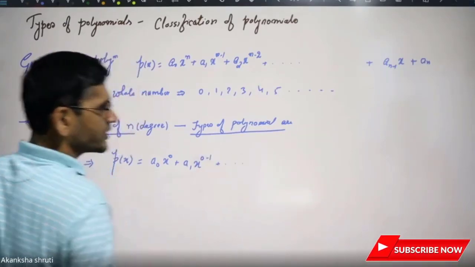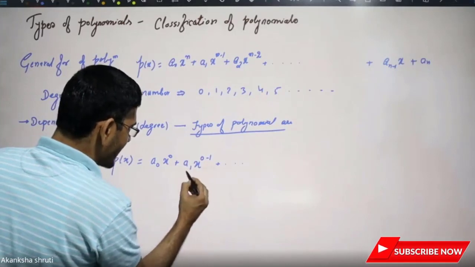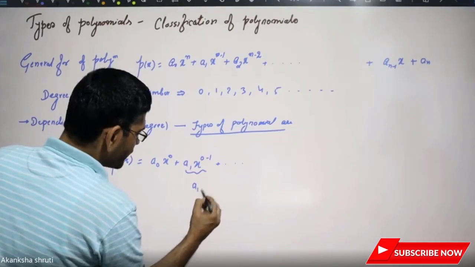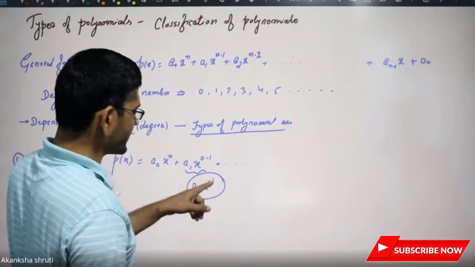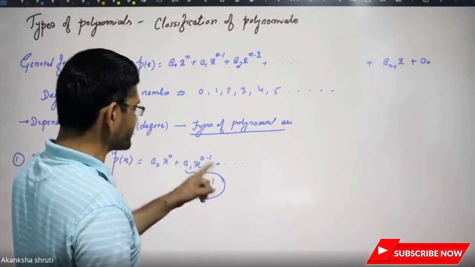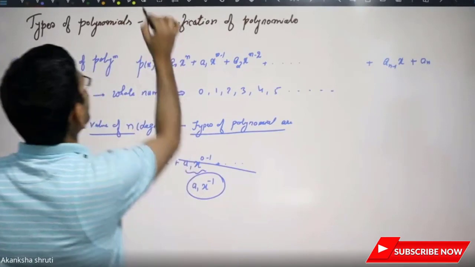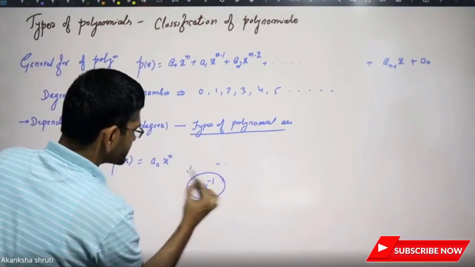Student, this is not possible. These terms are not possible. Otherwise, it is going to give us a1 x to the power minus 1. So x cannot have any negative power, fractional power. So the terms ahead of these are not possible. So just leave these terms.